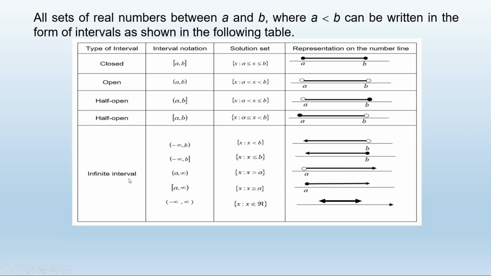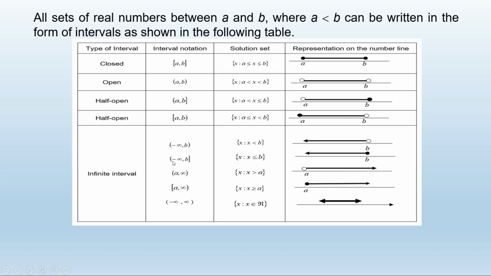Infinite interval. For interval notation, from negative infinity to B, not including B, solution set x where x is less than B, we present on the number line. We draw from B to the left, and at B an empty circle.